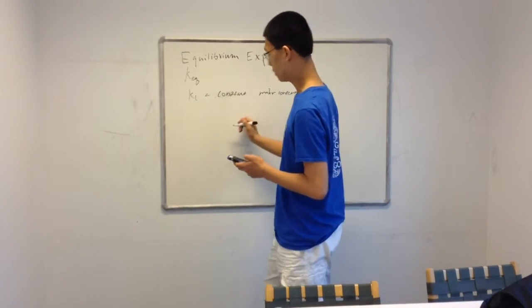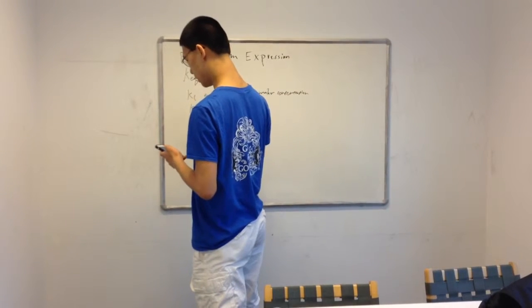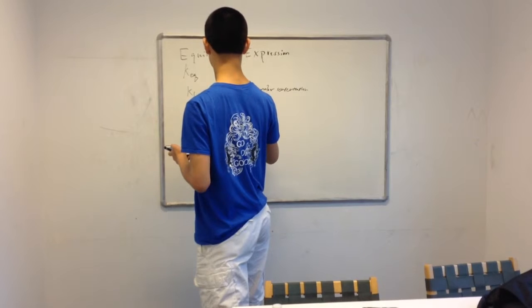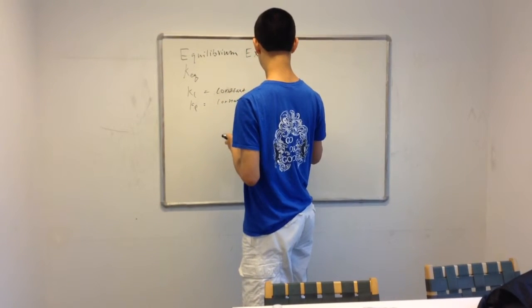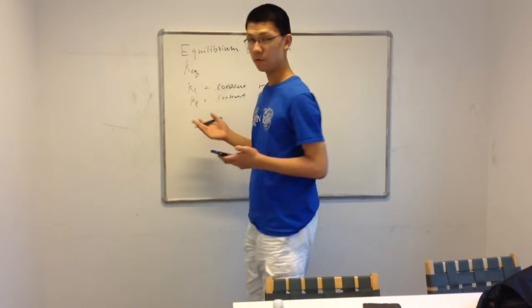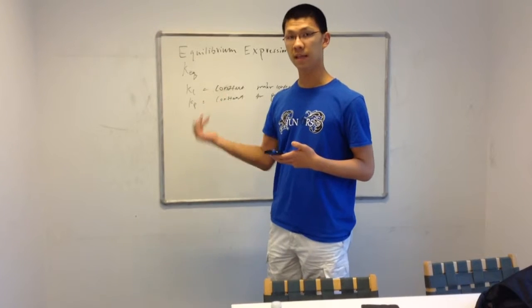C for concentration. Another one is the Kp, which is the constant for pressure. As we said before, we don't include solids or liquids, we only accept aqueous solutions and gases, because gas will have pressure.